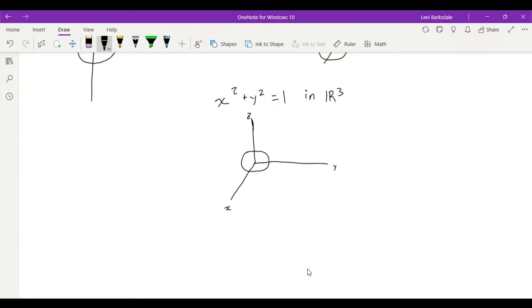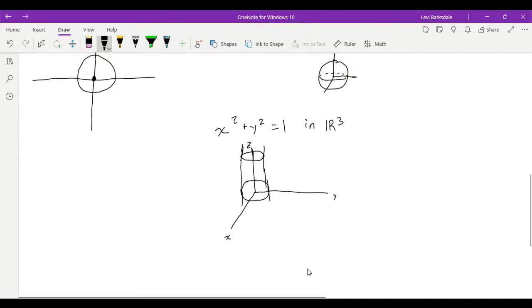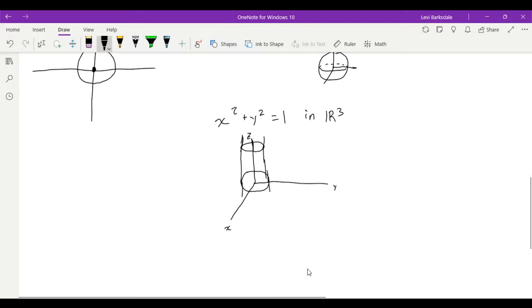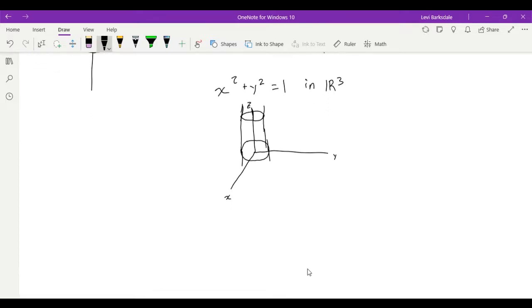But now I know that this equation is going to hold true for any z value as long as the x value and the y value stay unchanged. So what I can do is I can actually stretch this circle as high and as low as I want. And the shape that comes out is a cylinder, stretching up infinitely and down infinitely. So you'll notice a lot of things that were curves in R2 often become surfaces in R3.